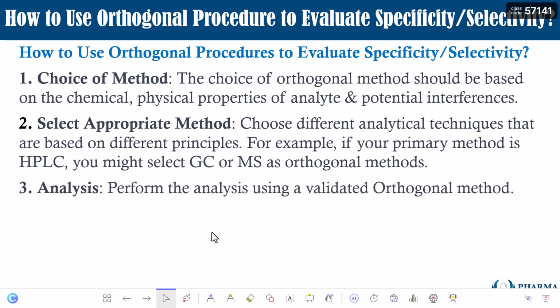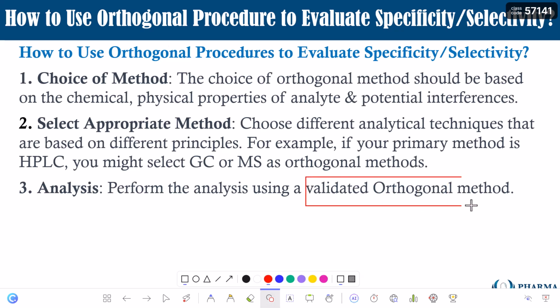Analysis: perform the analysis using a validated orthogonal method. Now, this is a very important term. Whatever orthogonal method you select, that method must be validated. That means the method must be proven to be specific and selective first, and precise and accurate first.